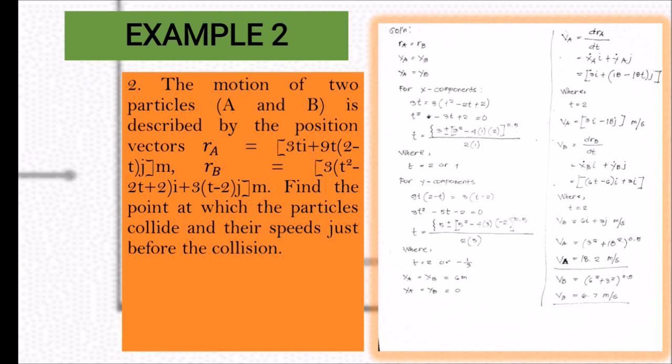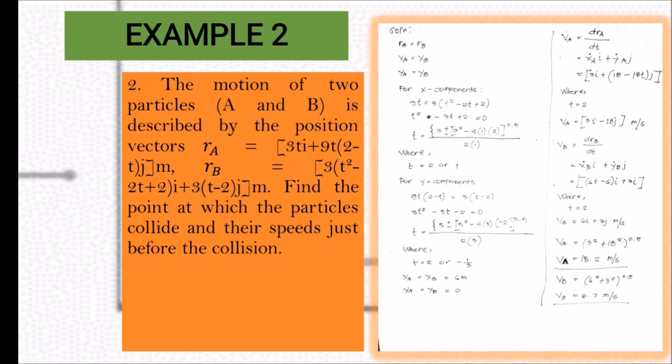Then, we have 3i minus 18j meter per second. Next, for v sub B is equal to derivative of r sub B over derivative of t, is equal to first derivative of x sub B times i plus first derivative of y sub B times j. Then we have 6t minus 6 times i plus 3j, where t is equal to 2. Then we have v sub B is equal to 6i plus 3j meter per second.